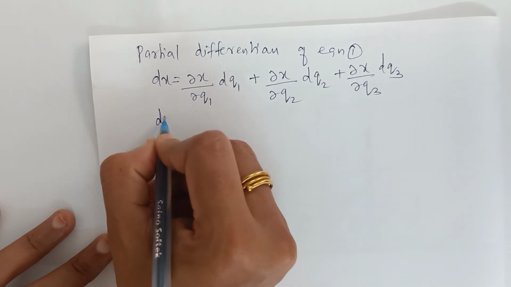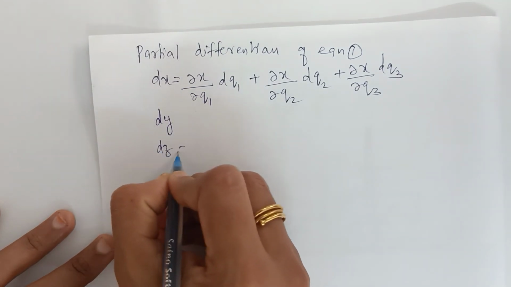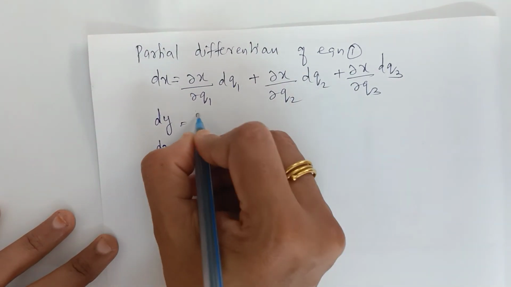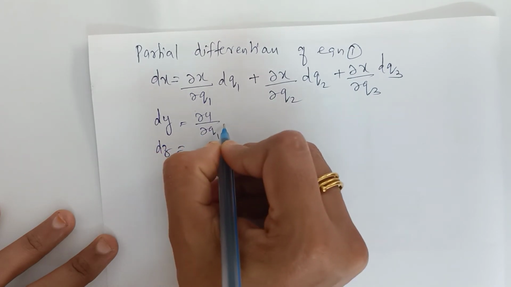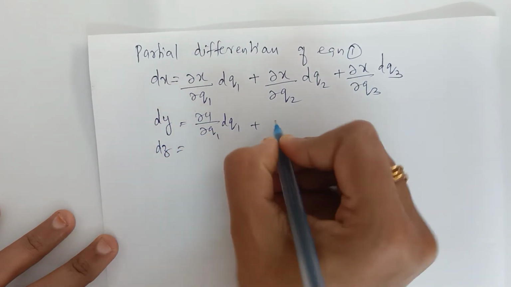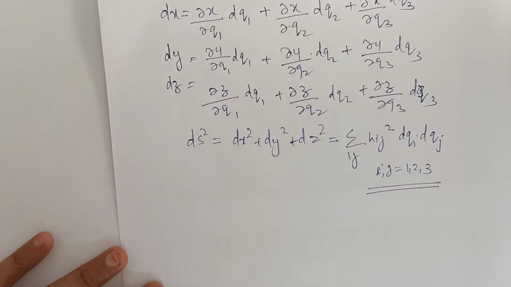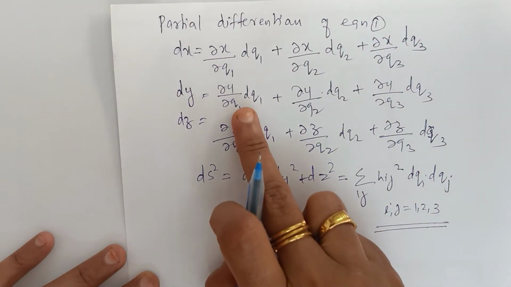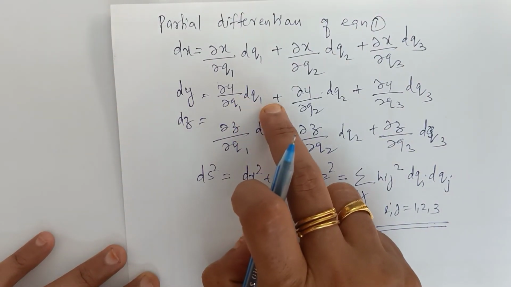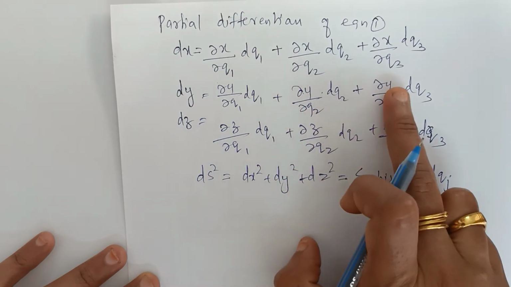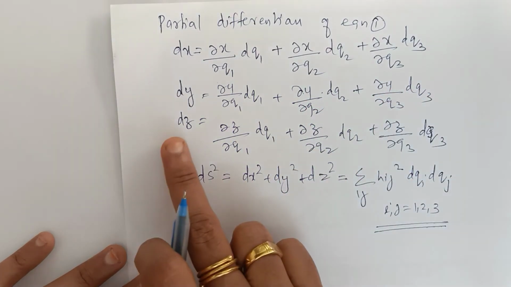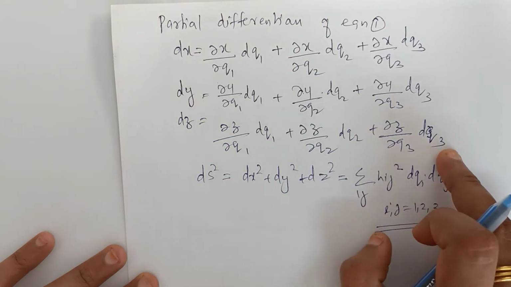Similarly, dy can be written as dou y by dou q1 dq1, dou y by dou q2 dq2 and dou y by dou q3 dq3. Similarly, dz also we can write in terms of q.